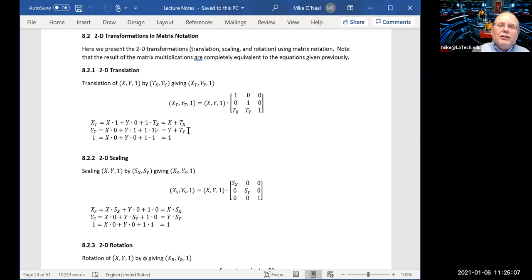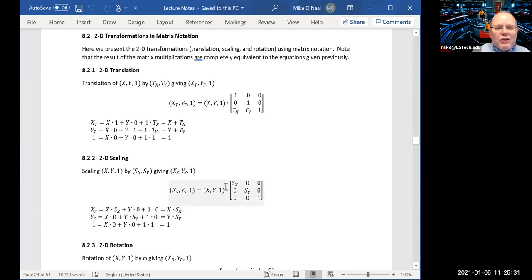Okay, good. So then what about scaling? Well, here's the two-dimensional scaling matrix. And the scale factors are along the diagonal. For translation, the factors are along the last row. For scaling, it's the main diagonal of the matrix.